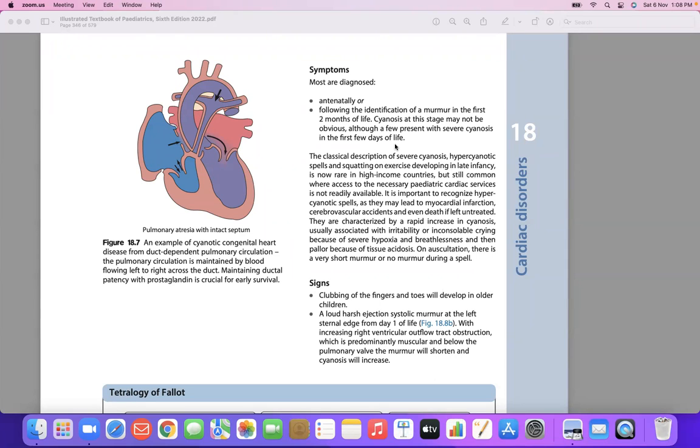Even severe cyanosis in the first few days of life can occur in severe tetralogy of Fallot. There is something called severe TOF. Otherwise, they can present late. Usually you can hear a murmur at two months of age, and some children will present in the neonatal period or antenatally.